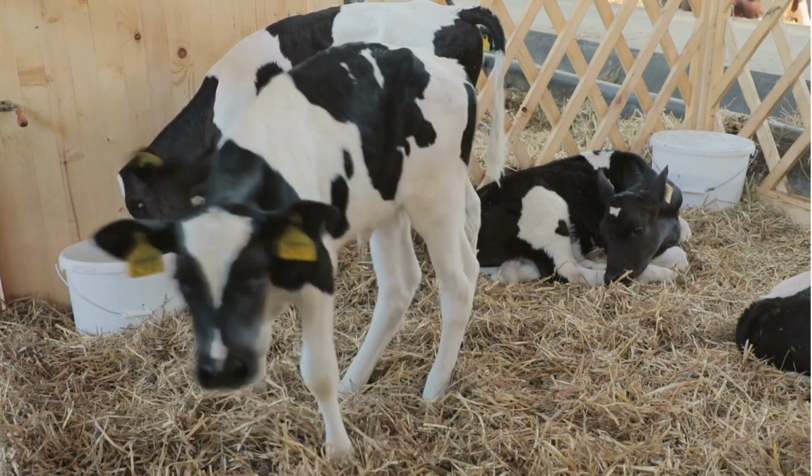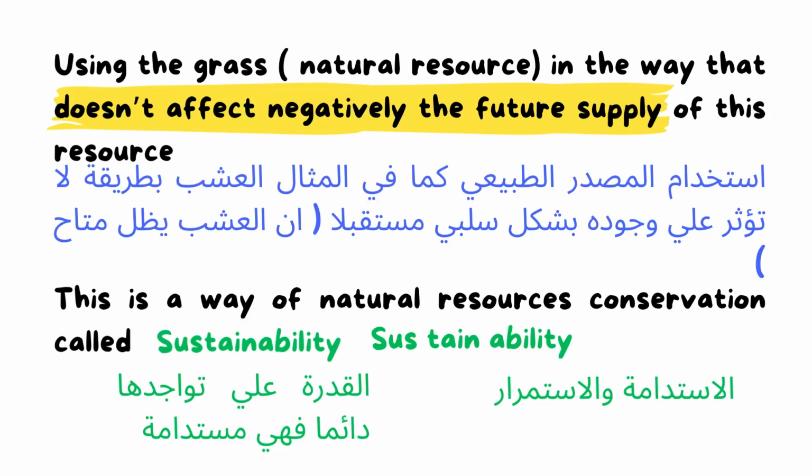So using the grass, which is a natural resource, as in the first situation, where we placed the cows in a large grass field, they can eat and the grass can be replaced because there is a large area. So this doesn't affect the future supply negatively, as cows will find food all the time.